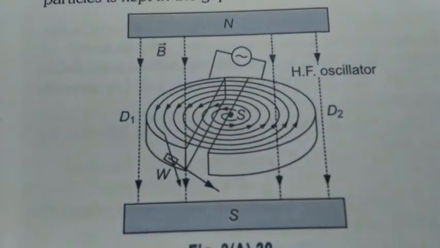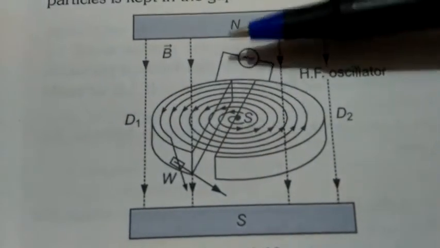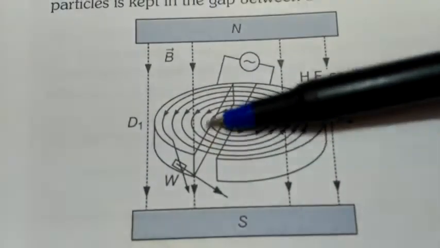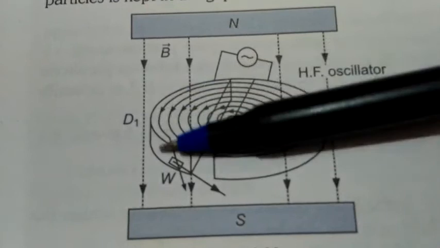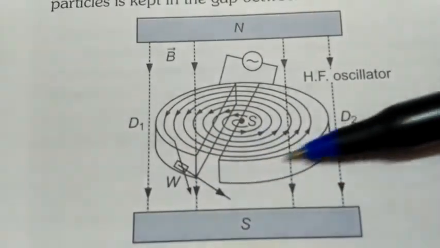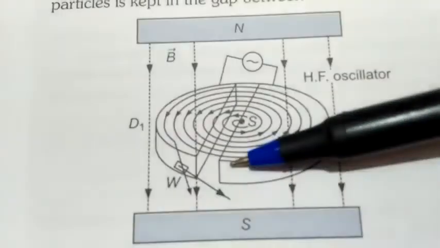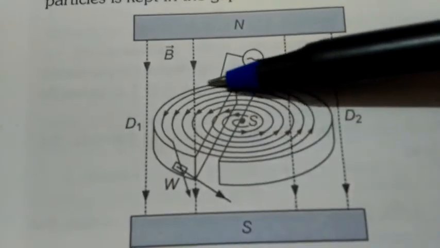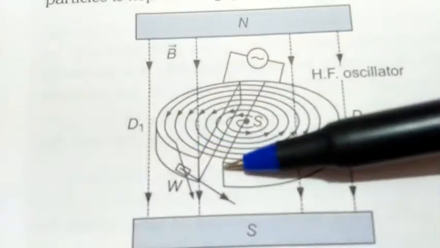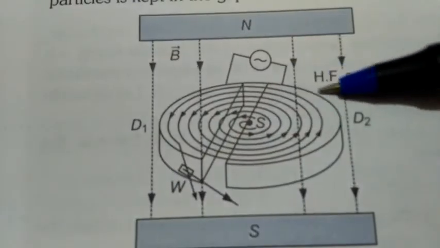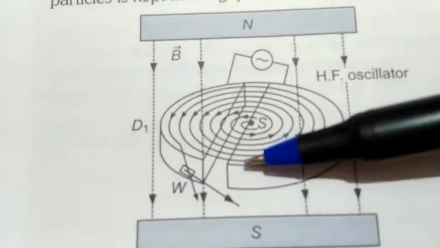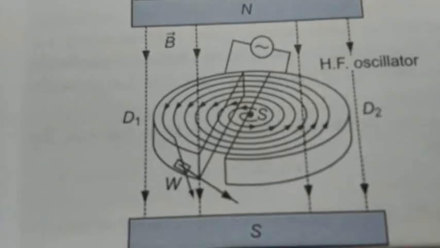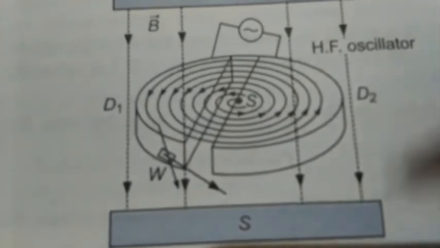Now let's see the construction of the cyclotron. Here two Ds are there. This is one D and this one is another D. These are two metallic boxes which are shaped in the form of Ds.